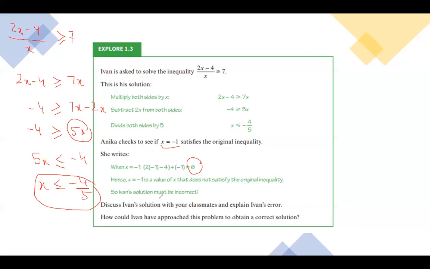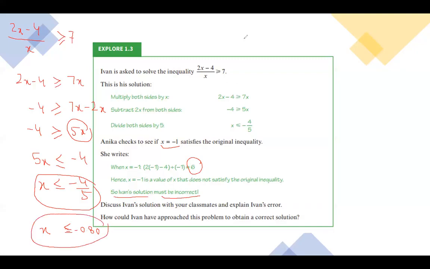So this solution is incorrect. So there is also an error for the classmates to represent. Okay, so the original value is x is less than or equal to minus 4/5. So minus 4/5 is approximately equal to minus 0.80. x is less than or equal to this value.